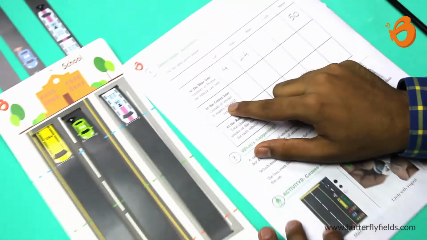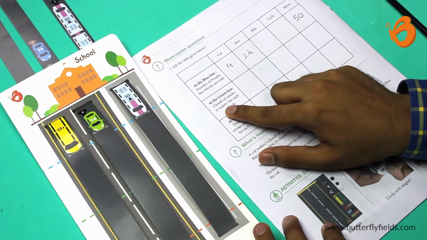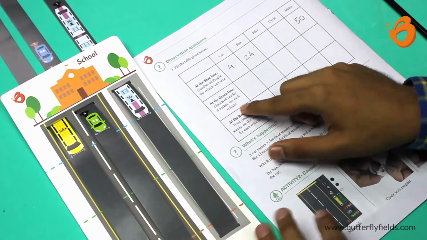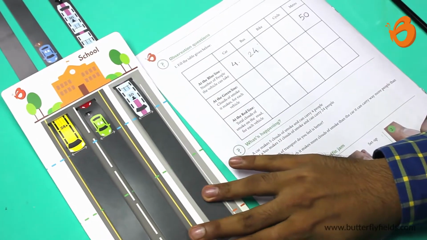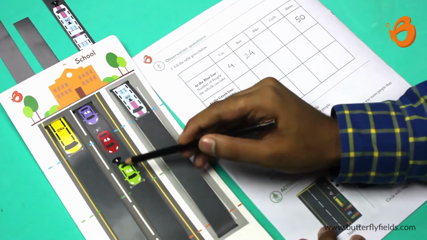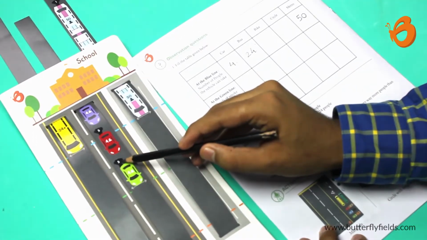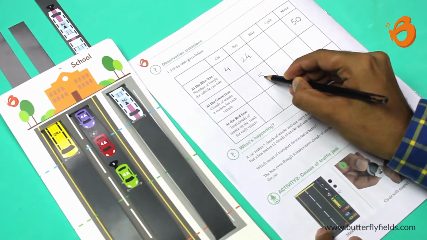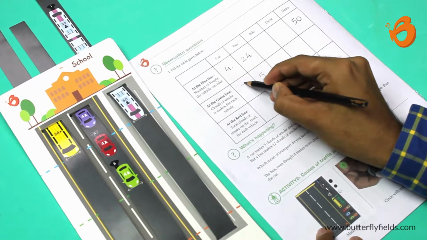Now, at the green line, let's try to compare how many clouds of smoke each vehicle makes. Okay, let's move the car to the green line. So each vehicle is making 5 black clouds. That is for the car.